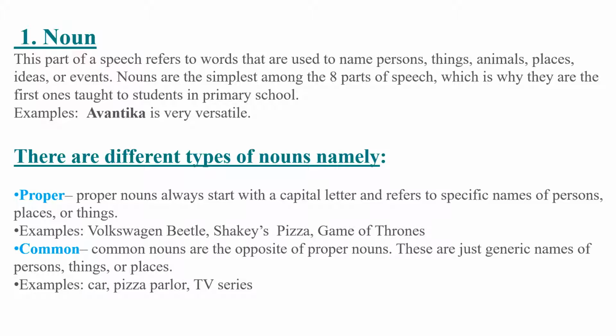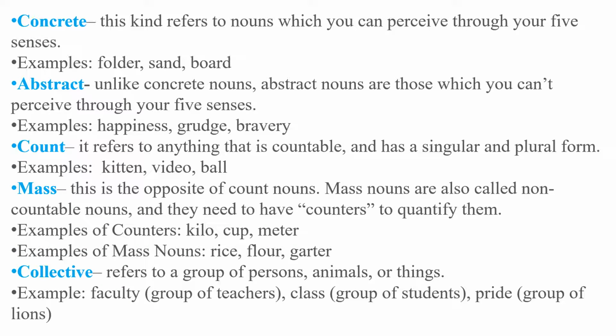So many pizza parlors are there, but if you are talking about a particular pizza parlor, then that name becomes a proper noun. TV series. All TV series are common nouns, but if you are talking about a particular series, for example Game of Thrones, then it becomes a proper noun, but when you are talking about TV series in general, it is a common noun.